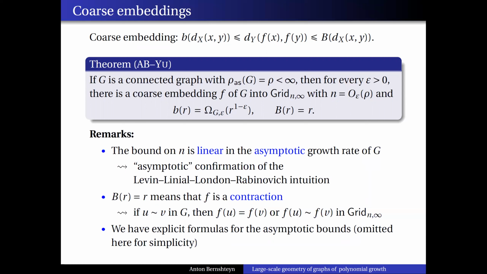Oh, so your question is about the bound on the dimension of the grid. I see. Yes, that is a very good question. I don't think we have any non-trivial lower bounds. If you forget about epsilon and just want a coarse embedding with some dependence, what is the best constant you can put in front of rho?